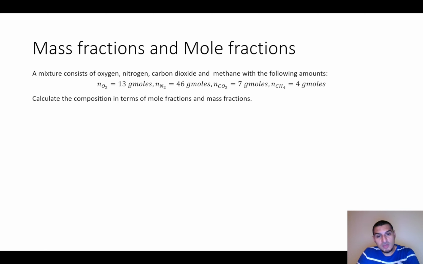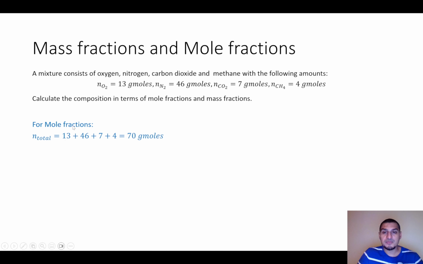So since we have information about the amounts in number of moles, it's going to be easy to calculate the mole fraction. So the mole fraction is going to be the n over the total number of moles. So the total number of moles is 13 plus 46 plus 7 plus 4, so it's going to be 70.